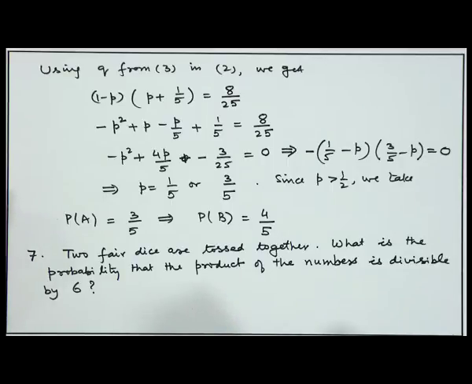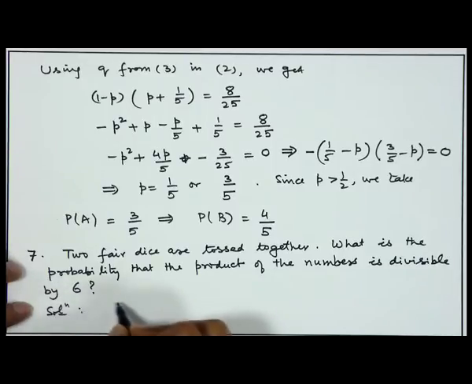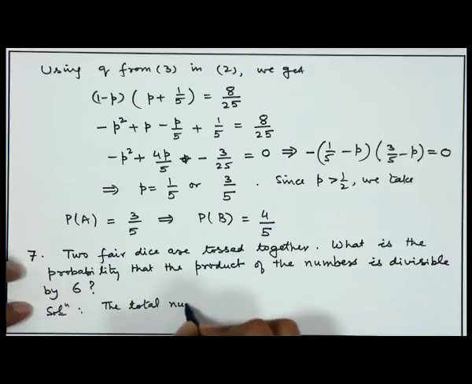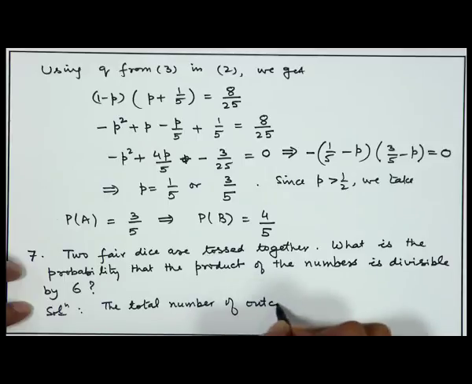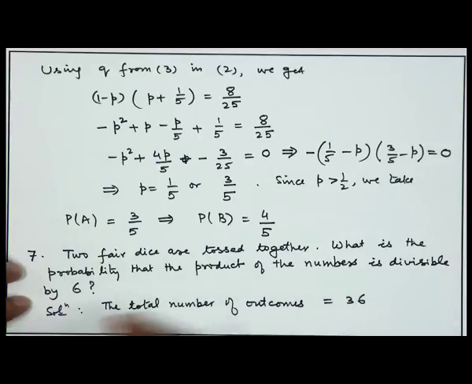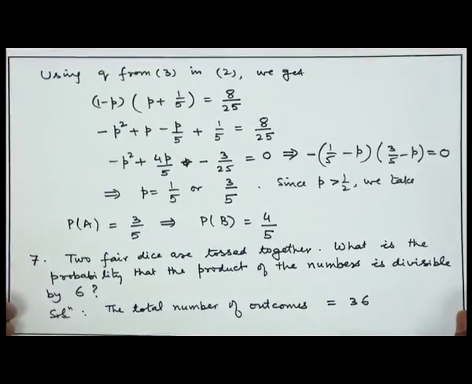So, the total number of cases here is 36. The total number of outcomes is 36. Now, out of this, in which outcomes we have the product which is divisible by 6.